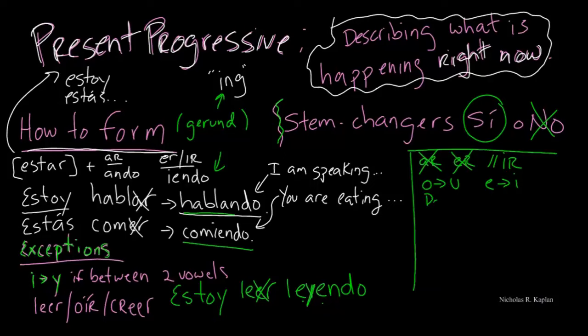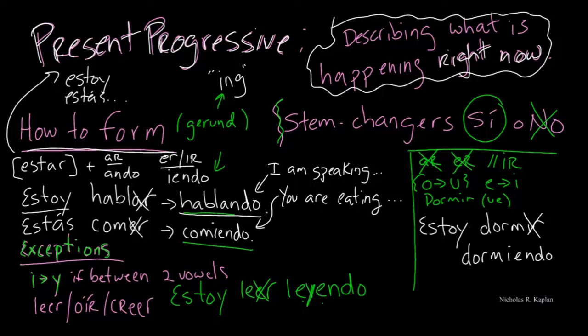So dormir is an O to UE stem changer in the present, but here it'll change O to U. So what would it look like? If I wanted to say I am sleeping, I would say estoy, I take off my IR, and I add -iendo, but then I know that it's a stem changer, and so my O will change to a U, and so I will have durmiendo.